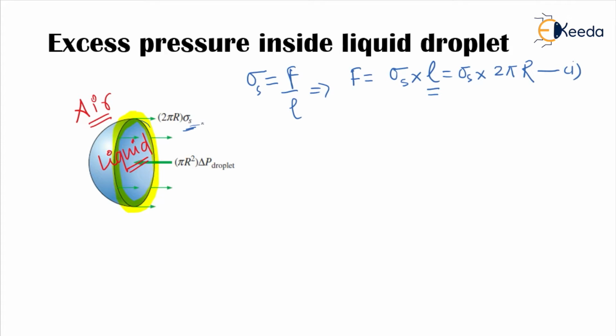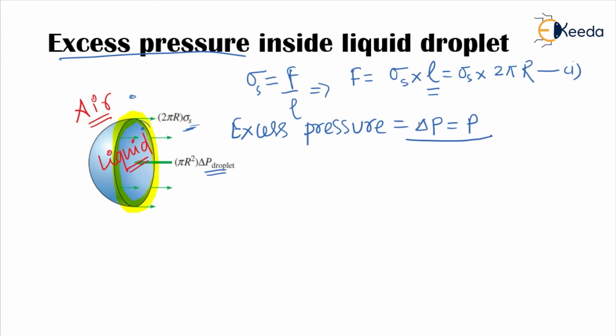Now, what is the pressure difference? When we talk about pressure difference, we are talking about the pressure outside and the pressure inside. That is excess pressure. Remember, excess pressure we are going to represent as delta P, and sometimes it will be P. So do not get confused.